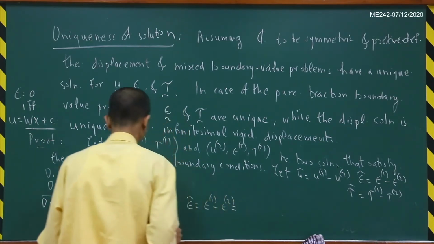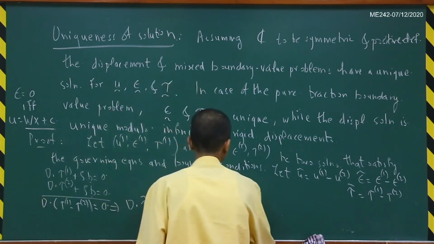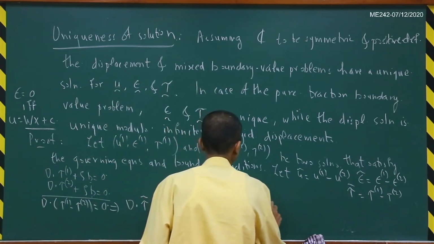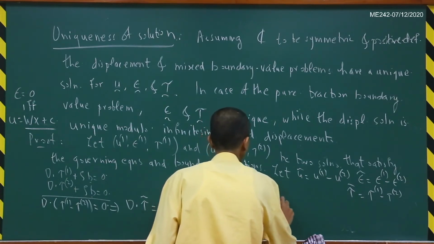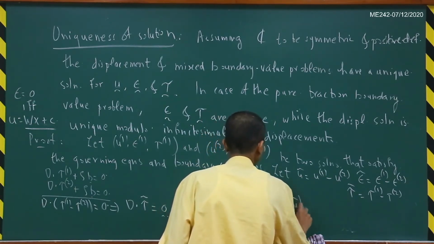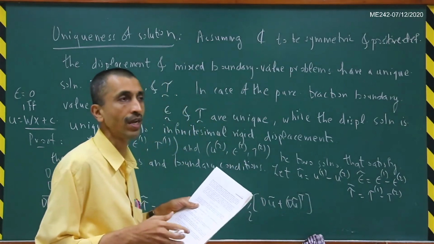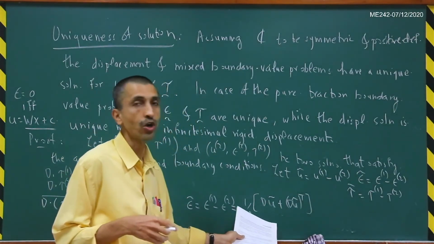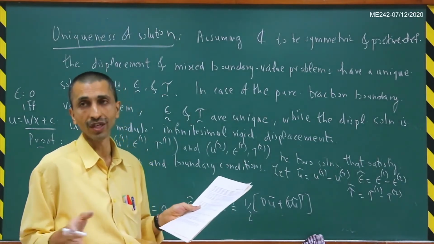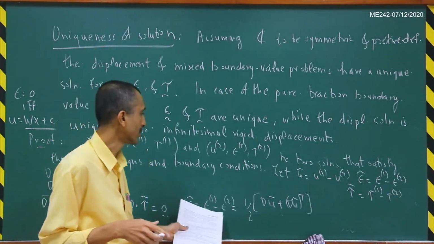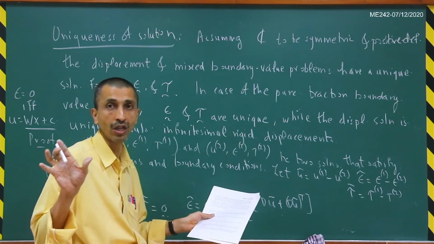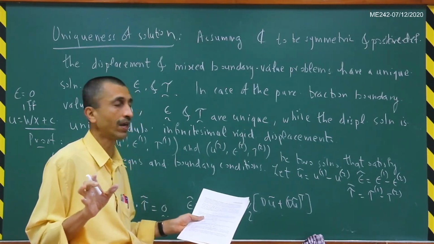is equal to half of del u tilde plus del u tilde transpose. This is because all the operators are linear operators, right? So this, for example, would not hold with the Green-Lagrange strain, correct? Once you have a nonlinearity in the strain displacement relations, this will not hold.